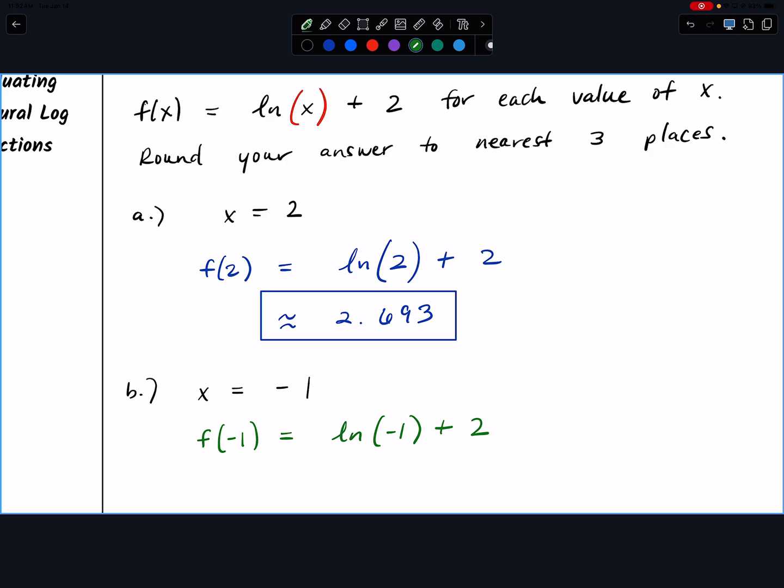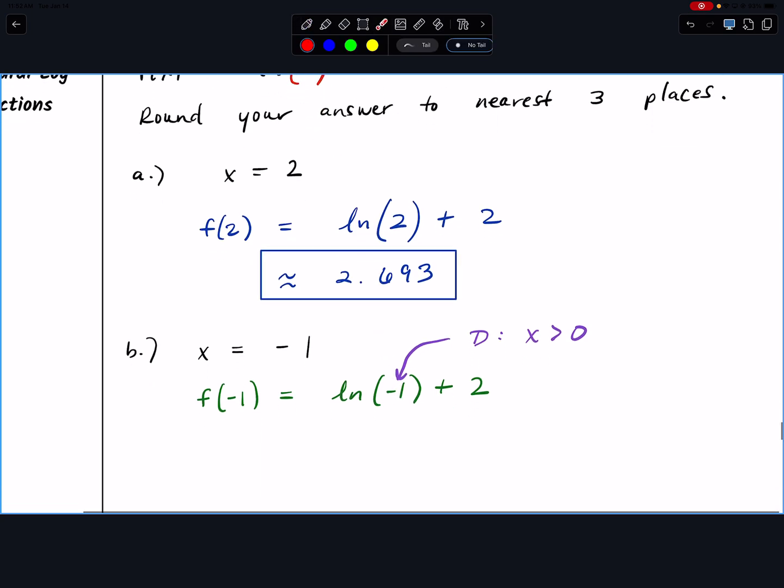Did we do something wrong? It's negative. This is a natural what? A natural log. So it's still a log function. Remember, you guys learned that for logs, the domain has to be positive. Okay, so I can't plug in a negative value into this function. Okay, so what do we say for our answer then? Does not exist.